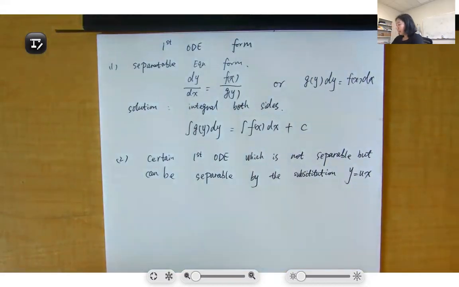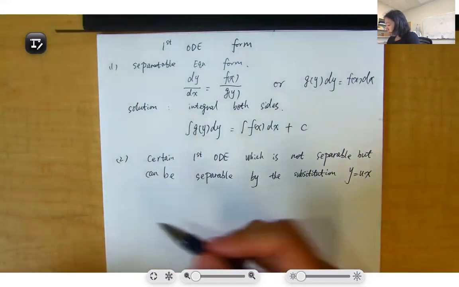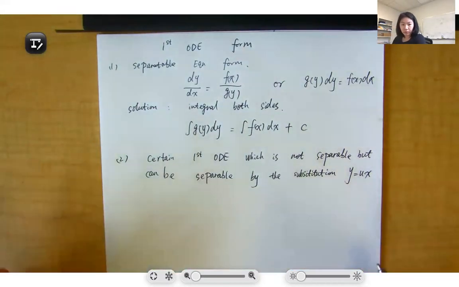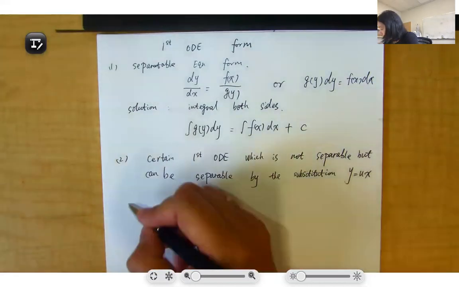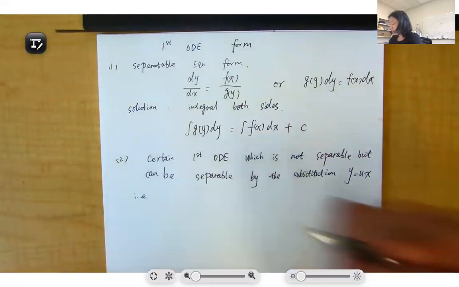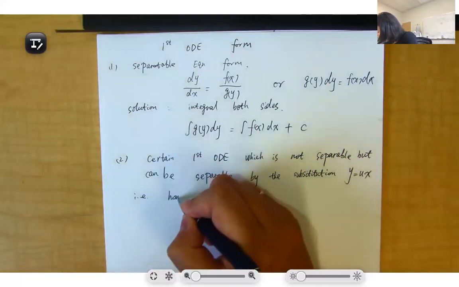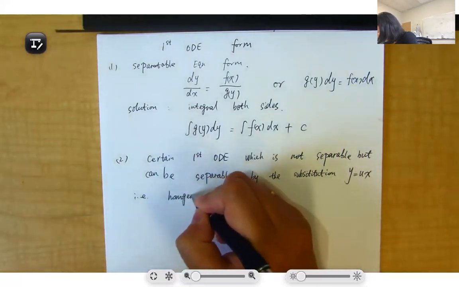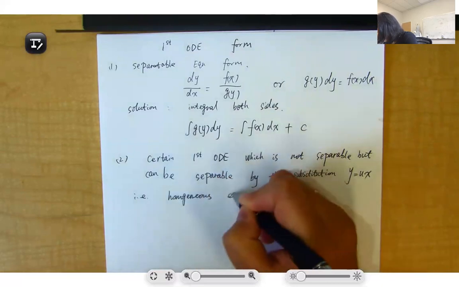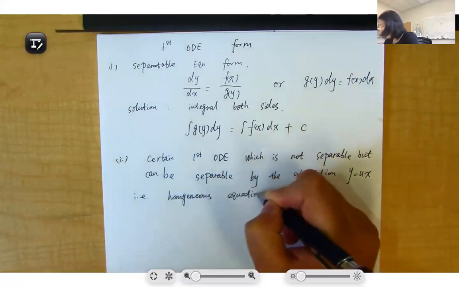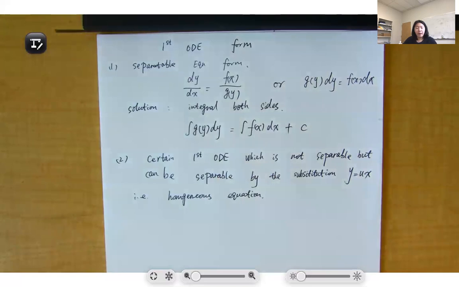And for this kind of ODE, it has a name called the homogeneous equation. Then you may ask, what is the definition of homogeneous equations, which can indirectly use the separable form?